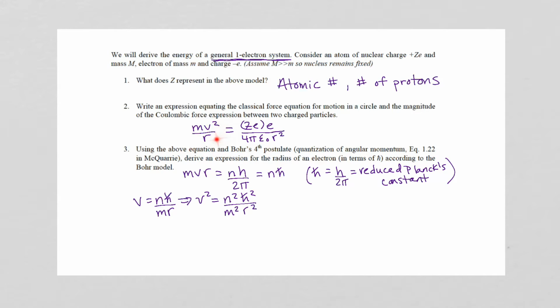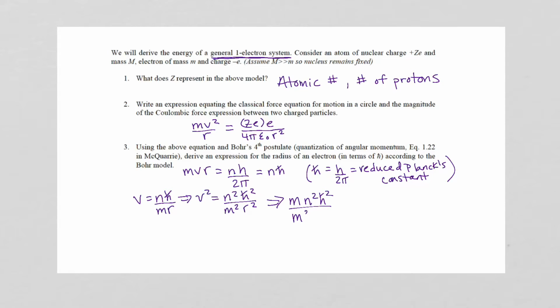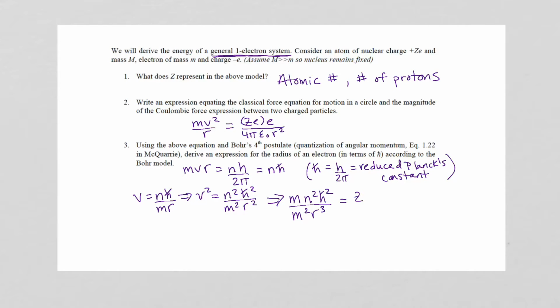So we're going to plug it into this mv squared over r. So that leaves us with m n squared h bar squared over m squared r cubed. So we have that r squared and then the r in the denominator from up above gives us r cubed. And then, remember, we still have our Coulombic expression over here.